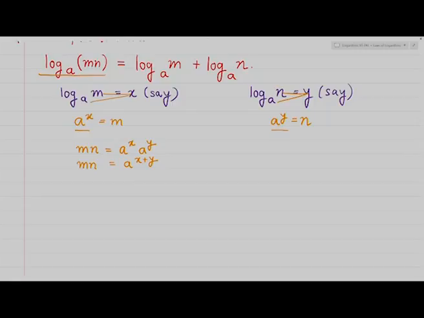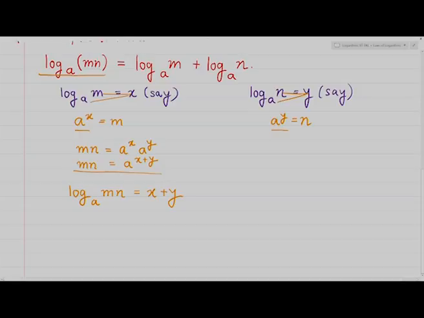Now, this is the exponent form of the expression. If I want to convert this expression into log, what will I get? My a is base. So, base will remain base. When I write logarithm, log, base will be the base, this number will come on the left hand side, which is m into n, and this is equal to x plus y.